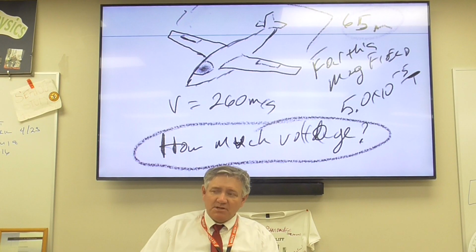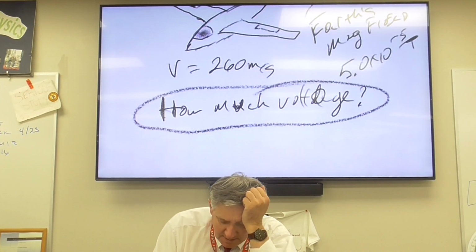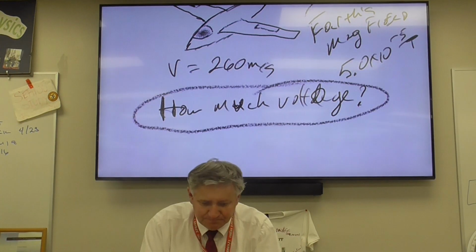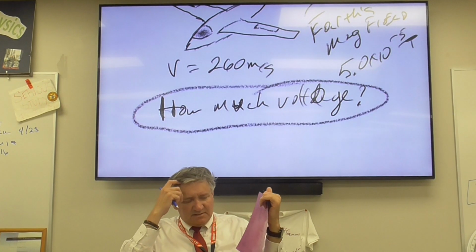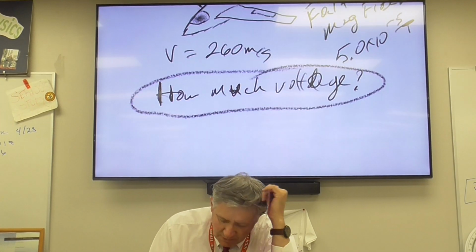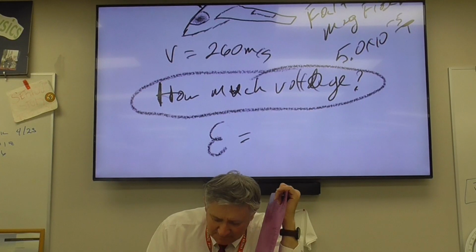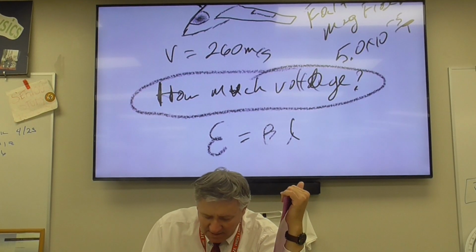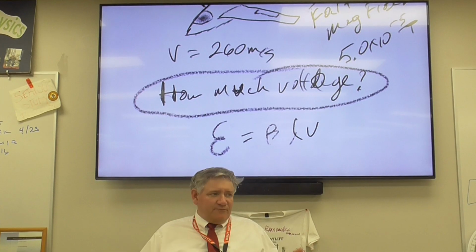The calculation itself is pretty simple. Here's where your book, or the equation sheet, does it a little bit weird. Your equation sheet has it as that fancy E, and then BLv. That fancy E is the electromotive force.